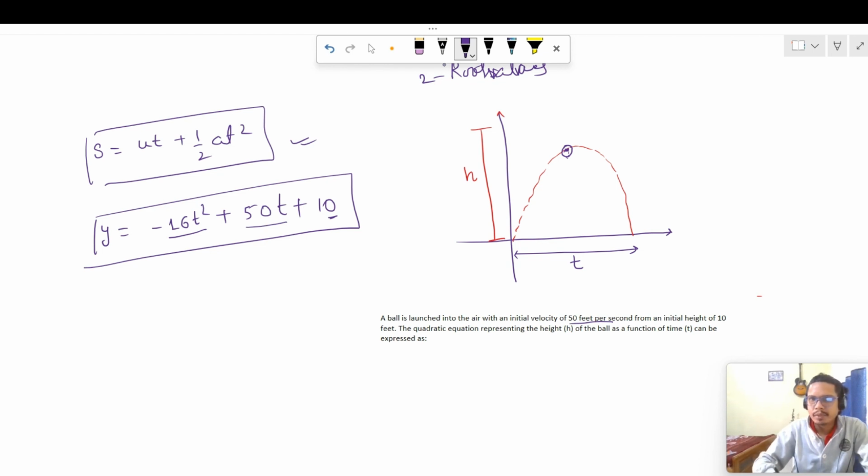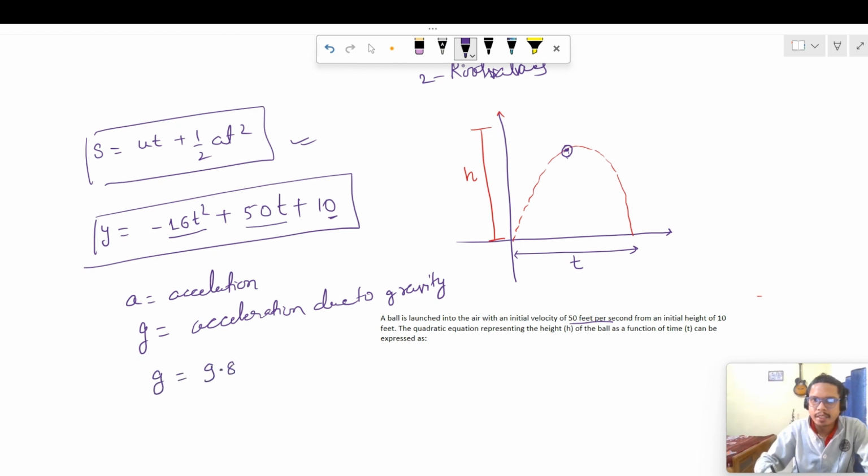As we know, a is generally acceleration, and when we are throwing a ball into the sky, this a is generally g, acceleration due to gravity. The value of this g is 9.8 meters per second squared.